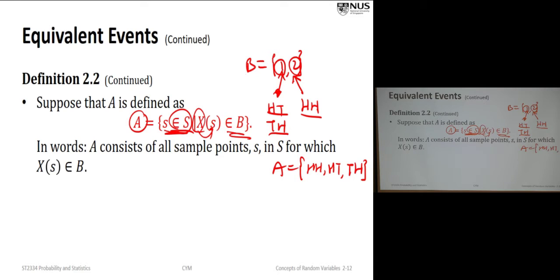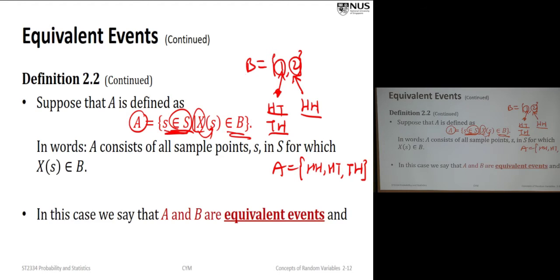Then that is considered an equivalent event. Then these 2 probabilities are considered the same, equivalent in the sense that they represent the same thing. When I toss 2 coins and the number of heads is 2, that means X equals 2. The random variable takes the value 2, which is equivalent to having the outcome HH. So these are considered 2 equivalent events.